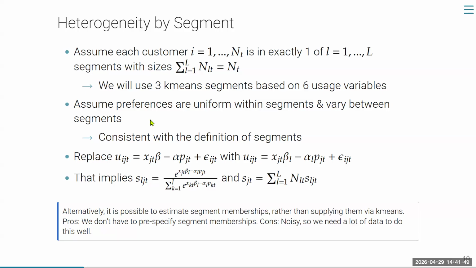And consistent with our discussion of what segments are, we're going to assume that the customer preferences are homogeneous within each segment and heterogeneous between segments. And based on that, we're going to replace our homogeneous beta and alpha with segment-specific beta parameters and alpha parameters.